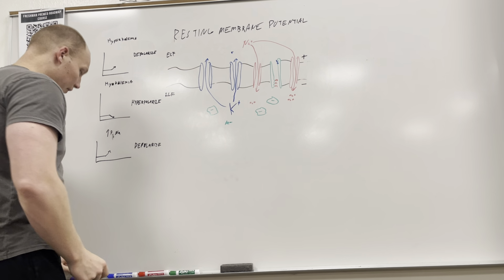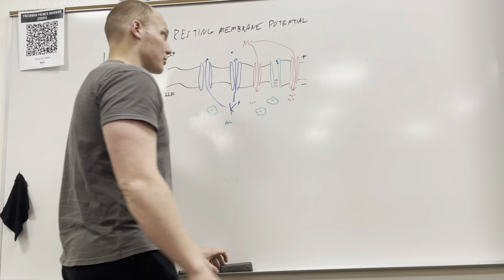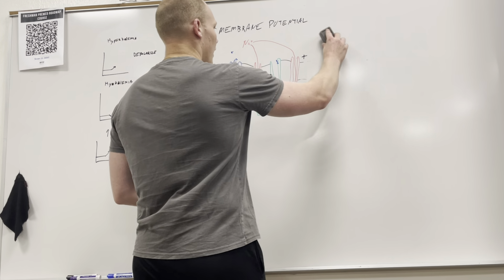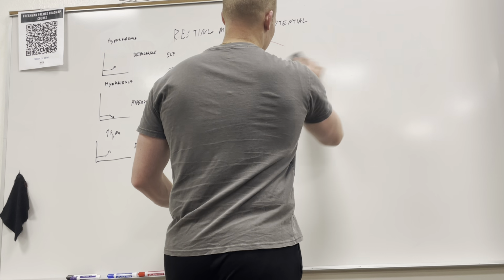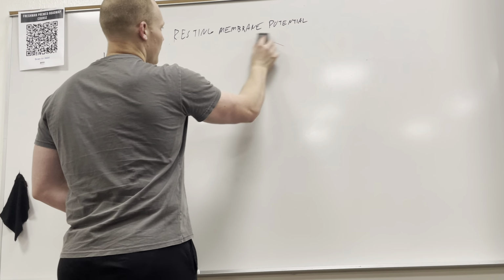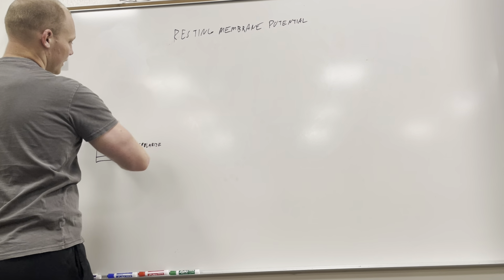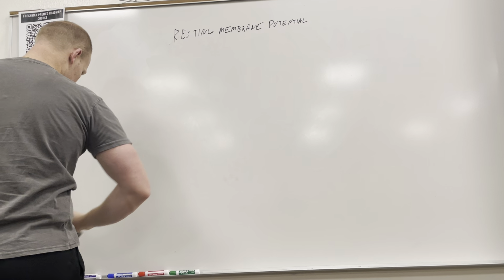Okay, and those are some of the ways that we can change resting membrane potential. So the next thing with resting membrane potential is there are ways that we can try to determine a certain cell's resting membrane potential.